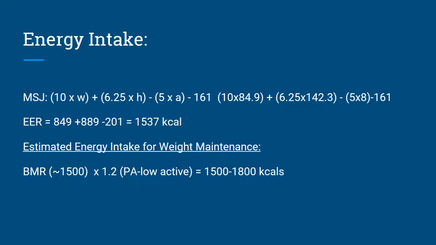So perhaps that 24-hour recall did not project a typical day. So for this patient and for weight maintenance, it's recommended that the patient intake about 1,500 calories, or less if she were to achieve weight loss.